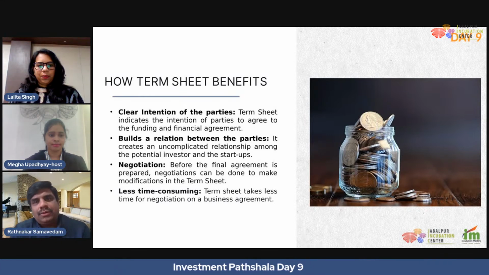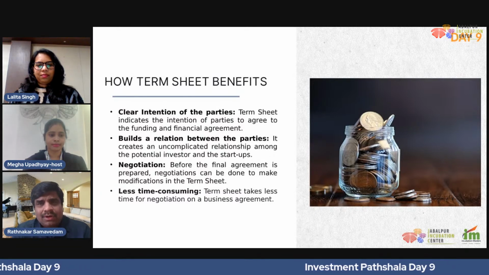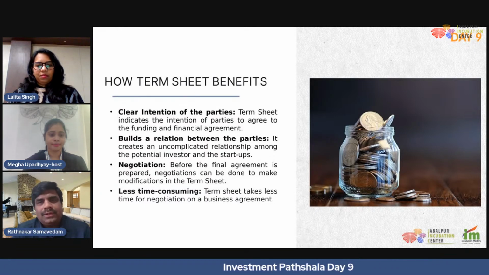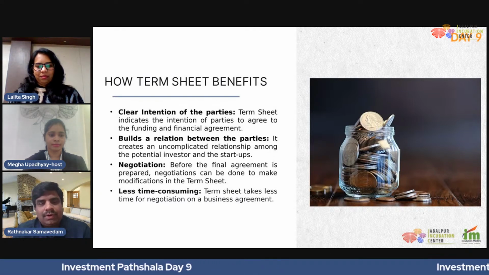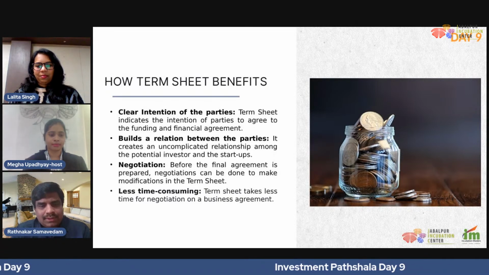As you look into the statistics, there are totally 62,000 recorded startups as per government today, out of which 8,400 startups have got funding in some form or other. That is equivalent to around 15%.